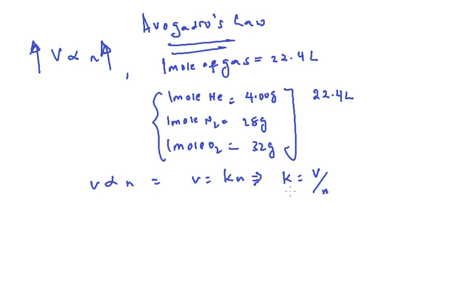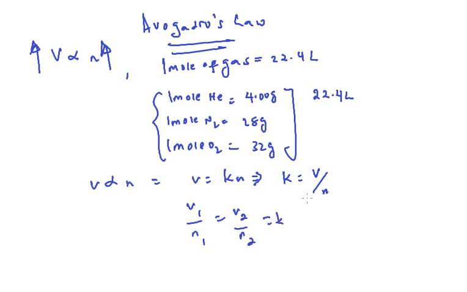We can see how the ratio of volume and the number of moles gives us a constant value. So, for example, V1 over N1 equals V2 over N2, which should be the K value.